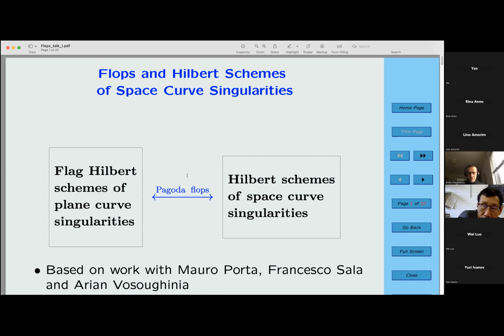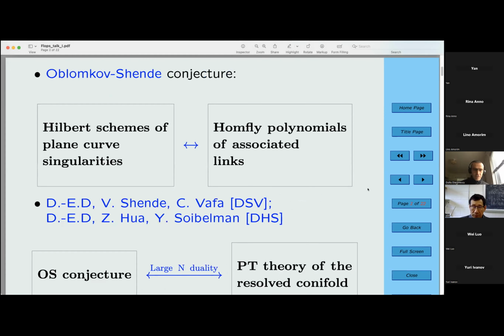Because after a long search through the literature, what I realized is that almost nothing is known about the topology and the geometry, if you want, of the punctual Hilbert scheme of space curve singularities. And we're going to use an approach based on birational geometry for complex threefolds.